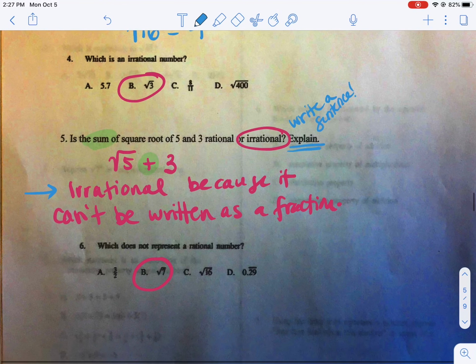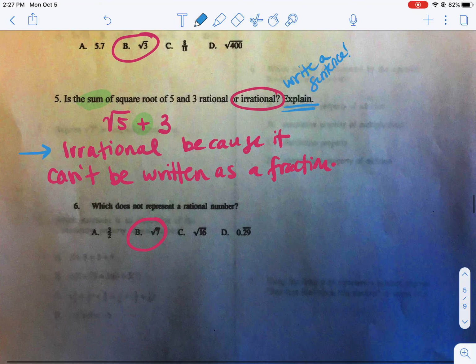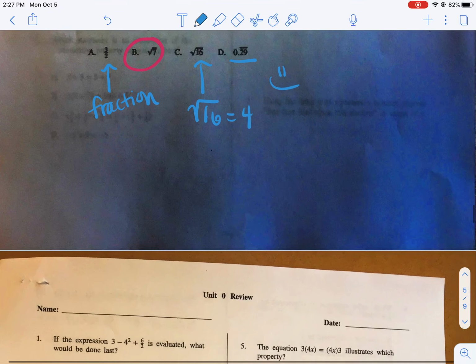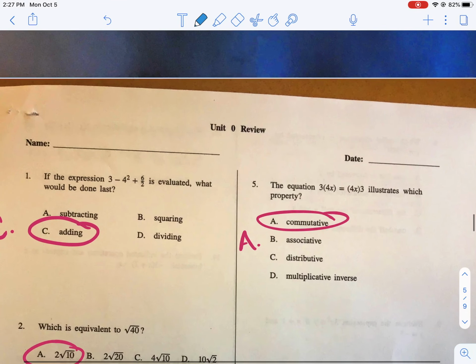Again, guys, feel free to pause this video at any point so you can check your work. Same thing here. This 3 over 2 is a fraction, which means it has to be rational. And then here, if you punch square root of 16 in, you get 4. And then 0.29 repeating, that's a pattern, which means that also is rational. So square root of 7 is the only one that won't work with math frac.